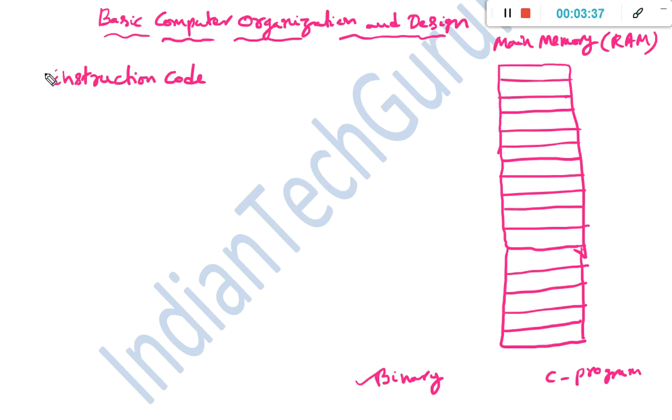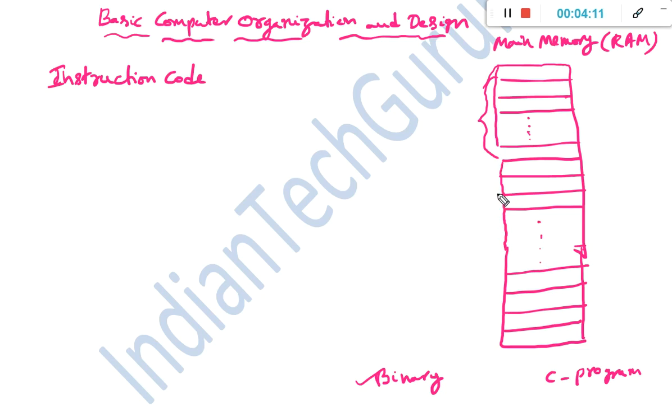So now, in addition to data, some part of the main memory will contain the instructions also. Okay. So this particular part may contain the instructions, and another part of the main memory may contain the actual data.